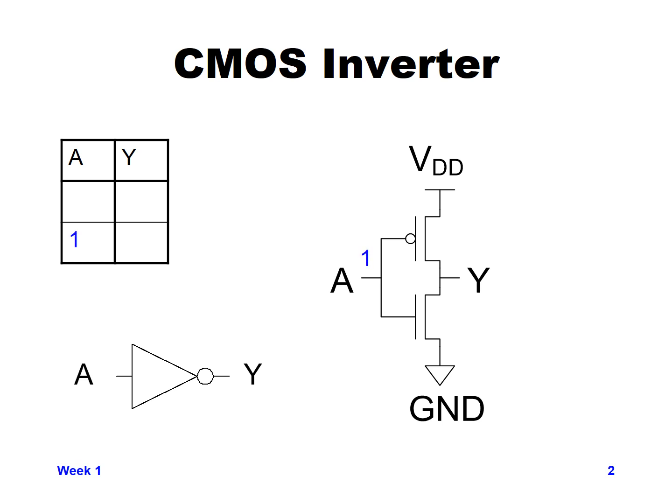If we have an input of 1 to A, that's a logical 1, which represents it's at the value of VDD. This will cause our PMOS transistor, if you remember from the previous slides, if the gate of a PMOS transistor is 1, then the transistor will be off.